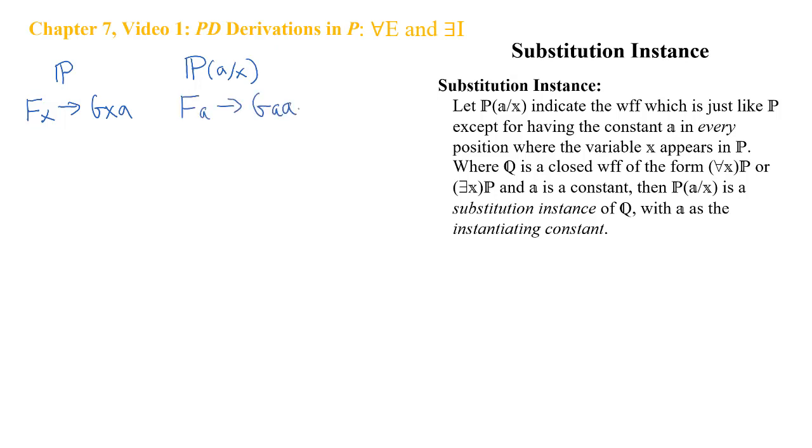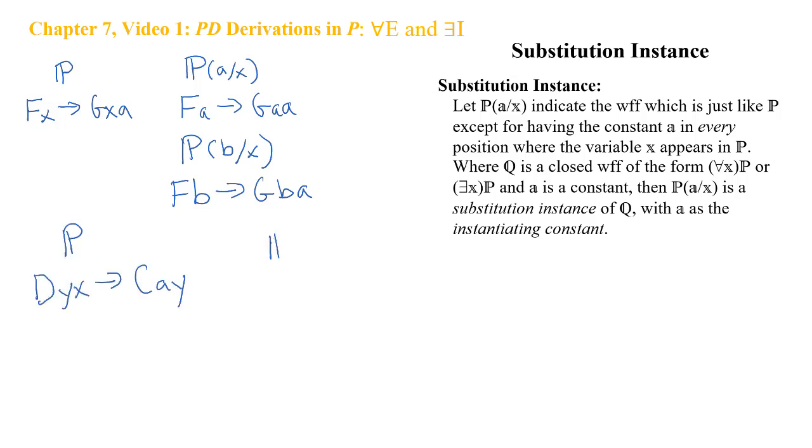Now, of course, it doesn't have to be A for X. We could do P, B for X. And in that case, it would look like this. And we could do P, C for X, and so on. Of course, if we had a formula involving a Y variable, then we could do something like P, E for Y, and we'd come up with this.